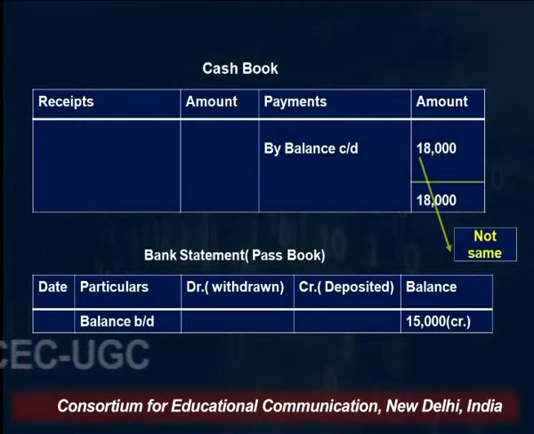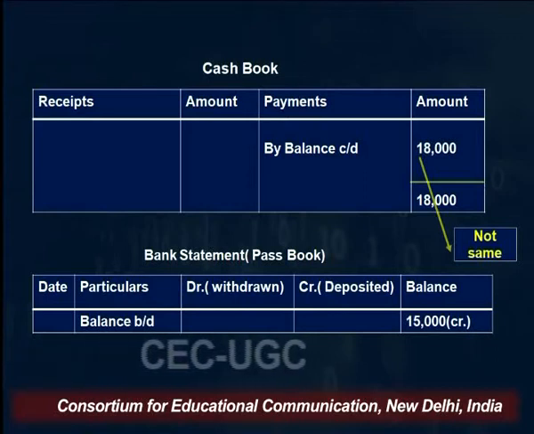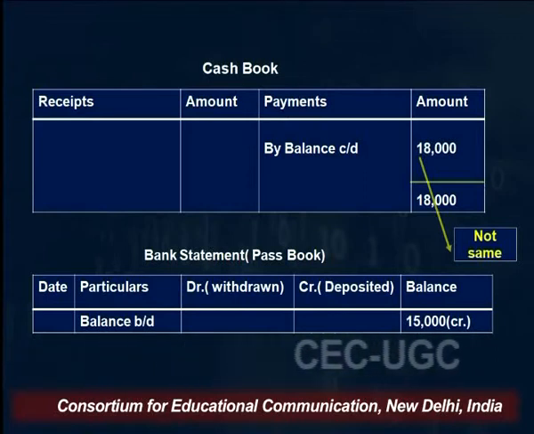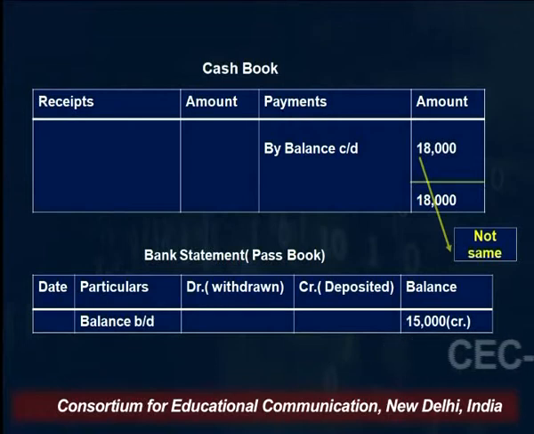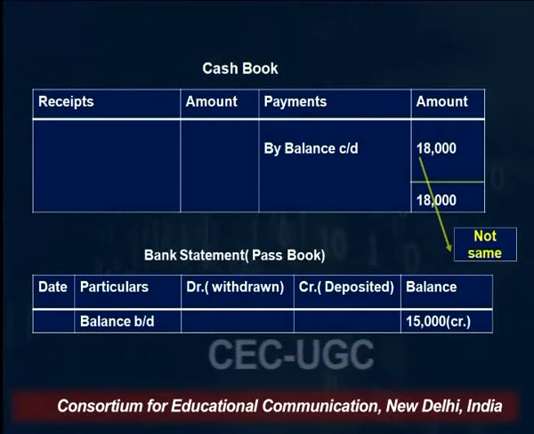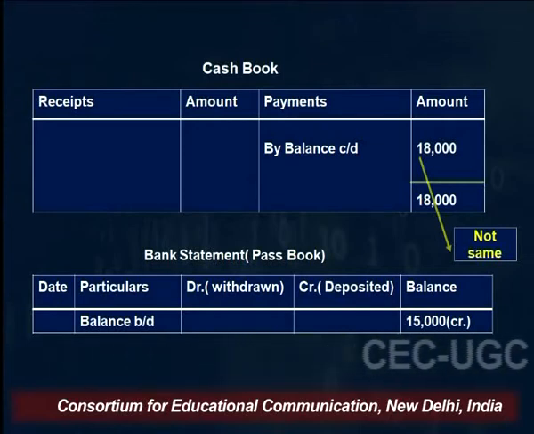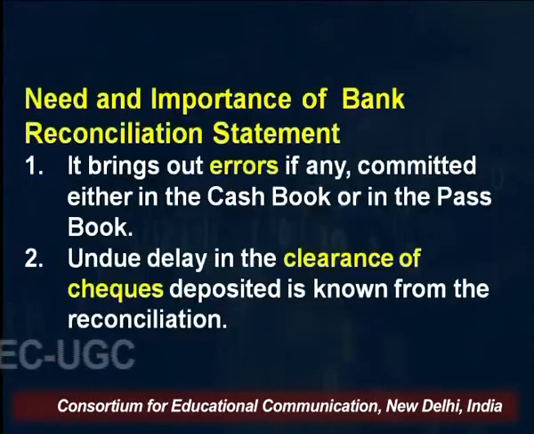So that's why there is a need to reconcile the balances of these two books, that is cash book and passbook. Basically the balances of these books must be equal. If they are not, then there must be some reason behind this, and there is a need to reconcile the balances of these two books.